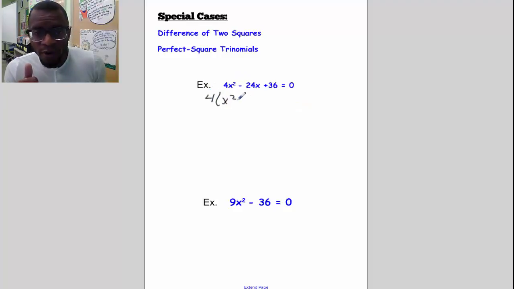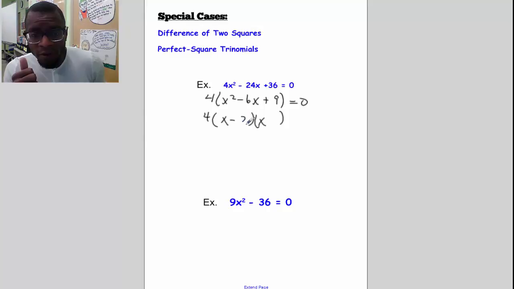So I get x squared minus 6x plus 9. Then I'm going to factor. I need 3 and 3, so minus 3, minus 3. And remember, I can write this as x minus 3 squared equal to 0.